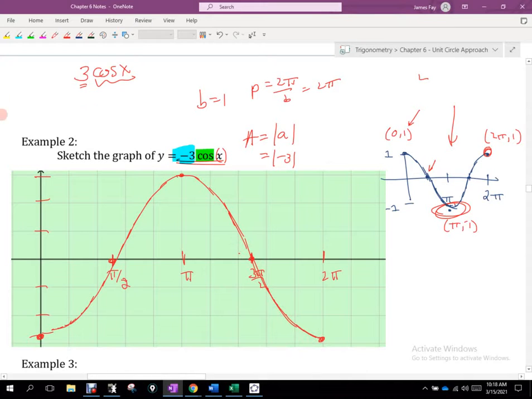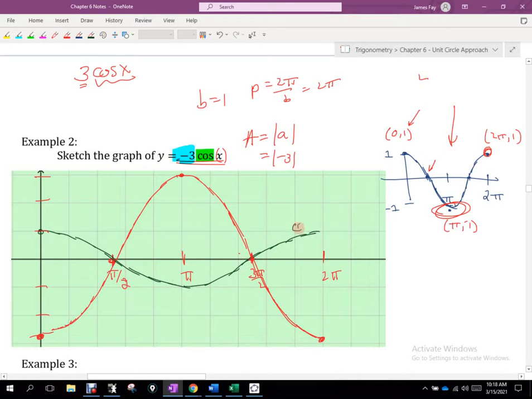Okay. Now, some people prefer to see this in comparison to the parent function. If I were to compare it to the parent function, it would be that curve right there.